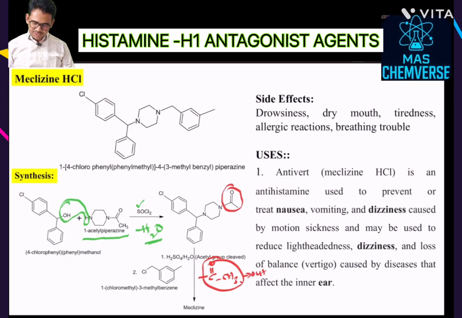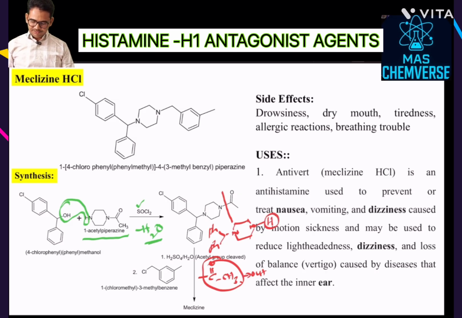Okay, then what will remain here? It loses this entire moiety, and here what will it get? I will write the structure here, like here one phenyl, here one phenyl, here the only difference, here it will get the hydrogen.